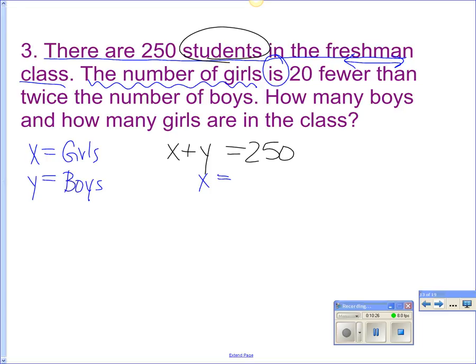Fewer than is also one you have to switch around. So you don't put the 20 next. It's going to be minus 20 out there. Just if it said less than as well, you'd put it out the end. All right, and then twice the number of boys. Well, boys is Y, but it said twice, so I have to put what? 2Y.